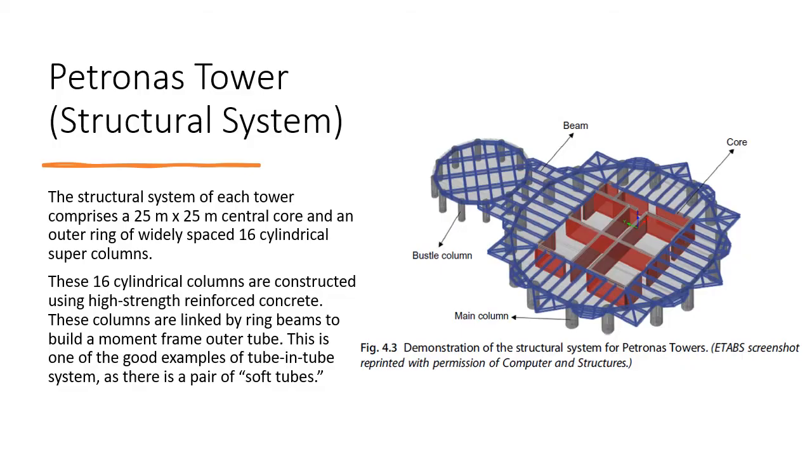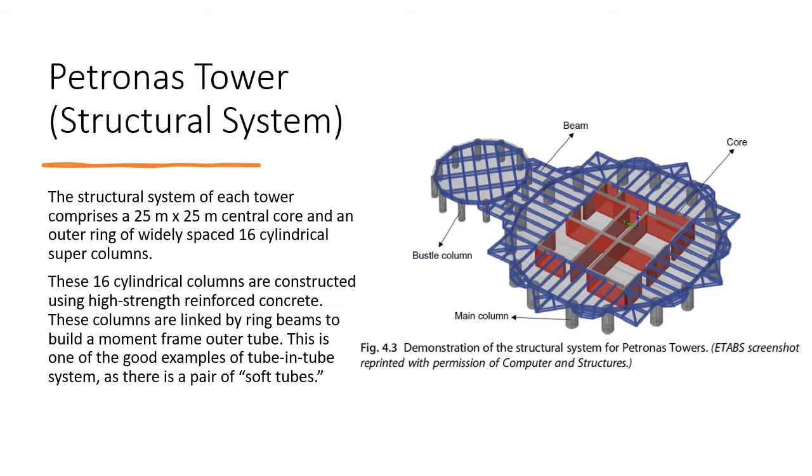So this is the structural system of the Petronas Tower. The structural system of each tower comprises a 25 by 25 meter central core and an outer ring of widely spaced 16 cylindrical super columns. The ones circling the core are the 16 cylindrical super columns.